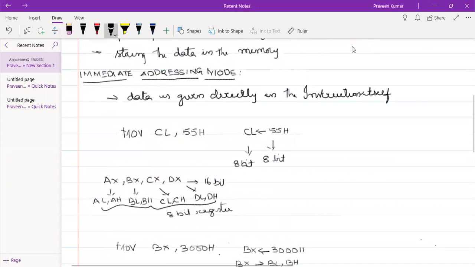The first type of addressing mode is immediate addressing mode. In this addressing mode, data is given directly in the instruction itself. That means the processor fetches the instruction, and while fetching it, it gets the data directly in the instruction.